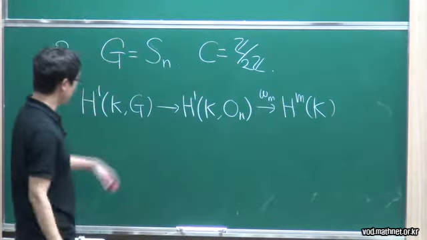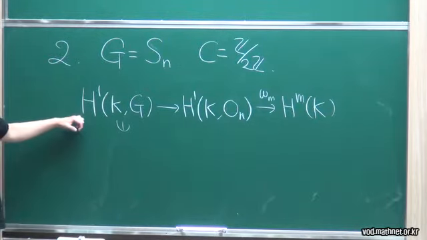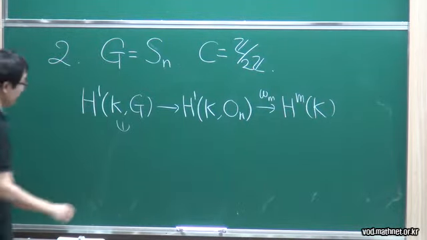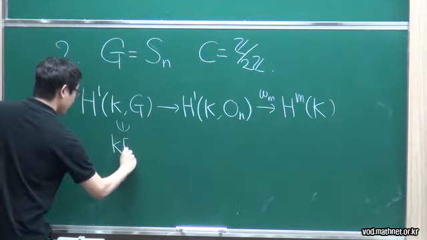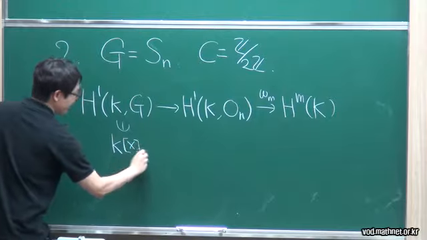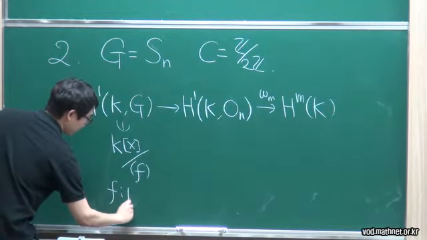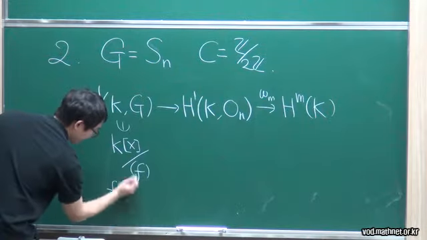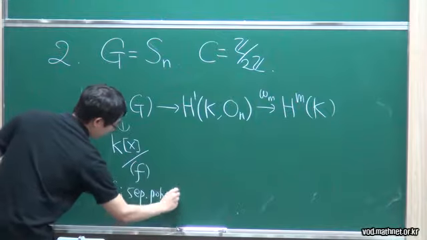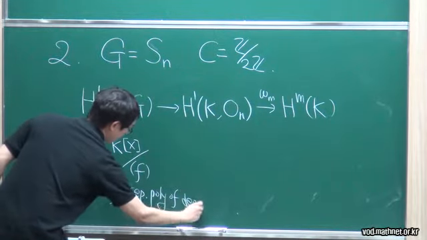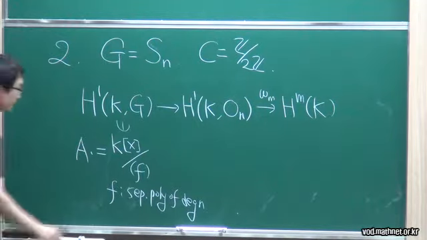The S_n-torsor is some étale algebra, the algebra of a separable polynomial of degree n, and we just let this be A.